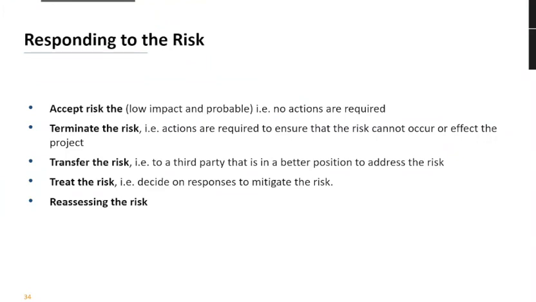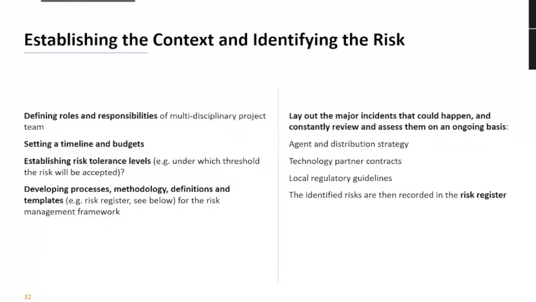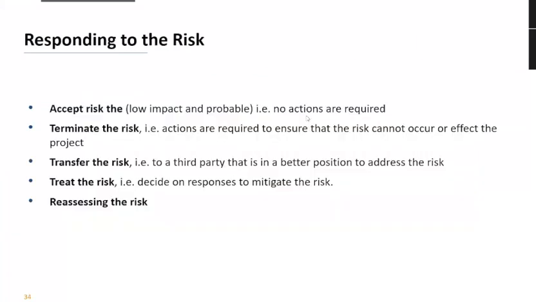Or treat the risk, deciding on responses to mitigate it. And after the previous four steps, reassess the risk. Maybe something from the high impact, after taking some steps, will become a low or medium impact risk. So this continuous process has to be taken continuously, and every risk has to be assessed, monitored, ranked, and a strategy applied.